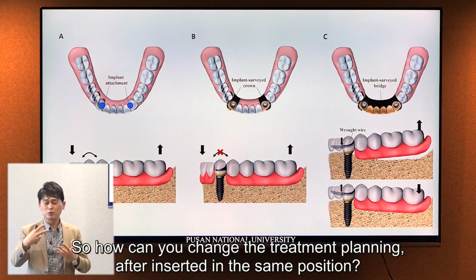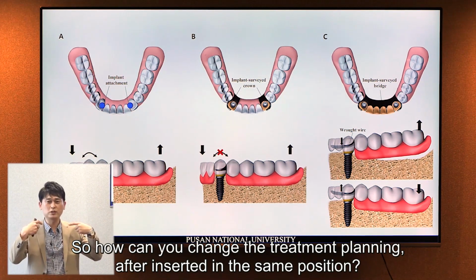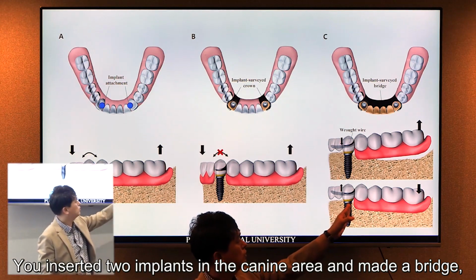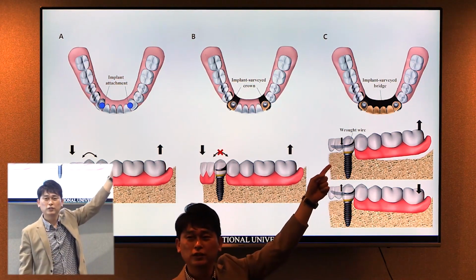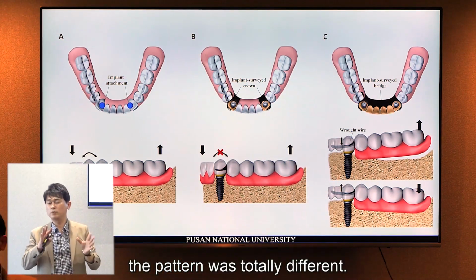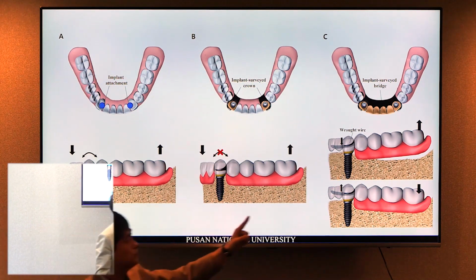So how do we change the treatment planning after inserting at the same position? For example, you insert the 2 implants in the canine area and then make the bridge. The pattern is totally different. Look at this.